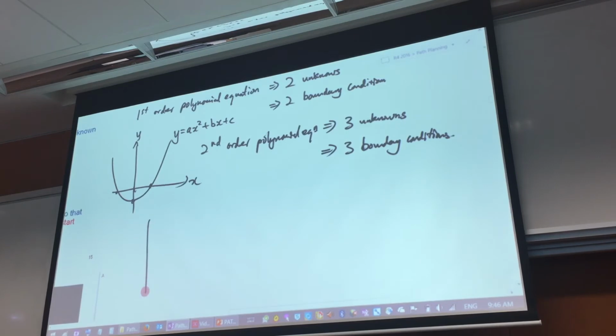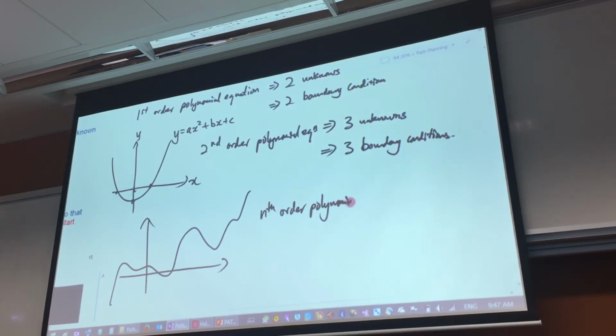So now, let's have a general case. That curve, where I call this my nth order polynomial equation. For nth order polynomial equation, how many unknowns do you think we'll have? It will be n plus 1 unknowns.